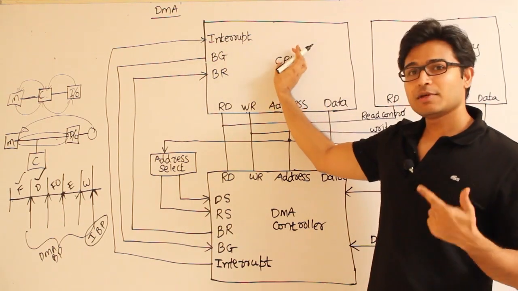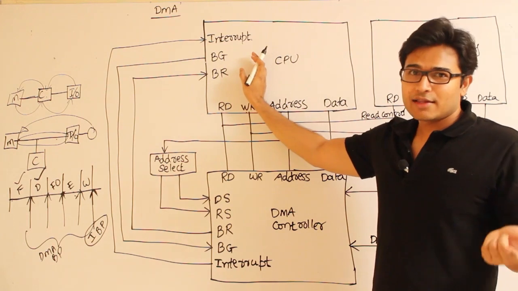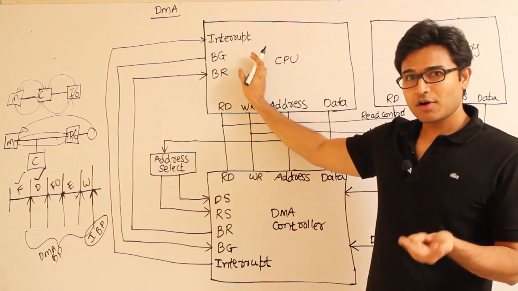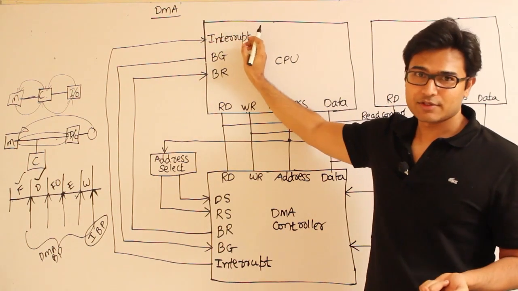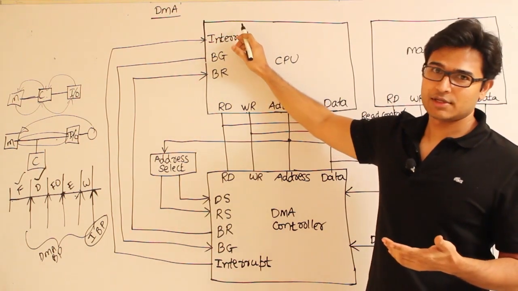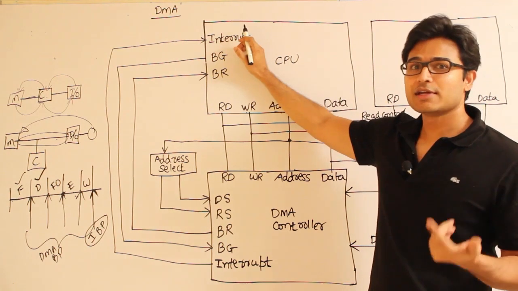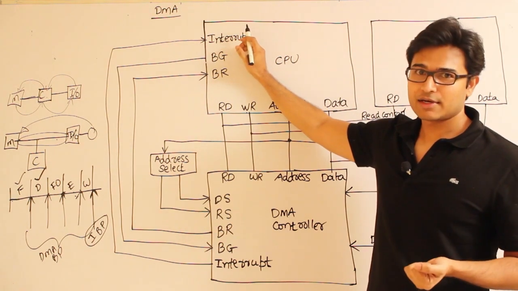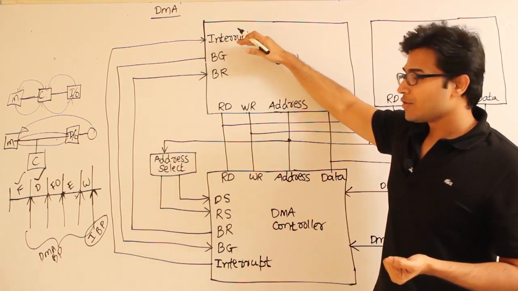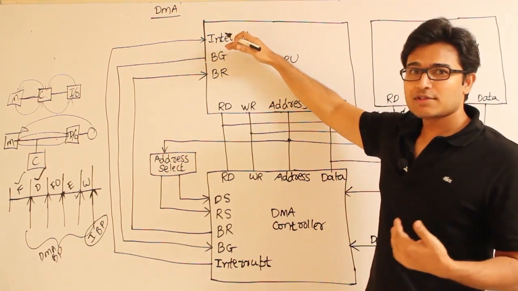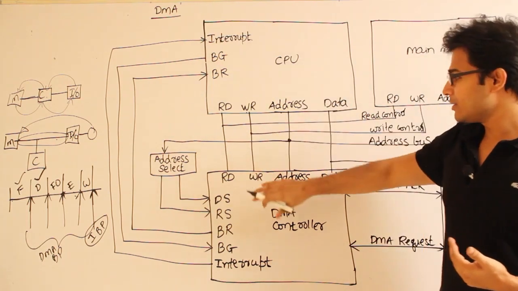If it is initiated by the CPU, you will first contact the IO controller, and if it is not ready, it will interrupt you when it is ready. So both ways you are going to get an interrupt from the IO device whenever it is ready to transfer the data, right?